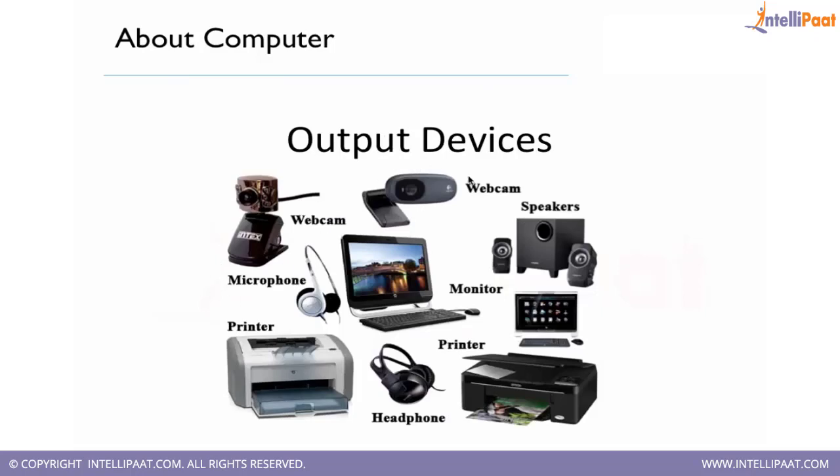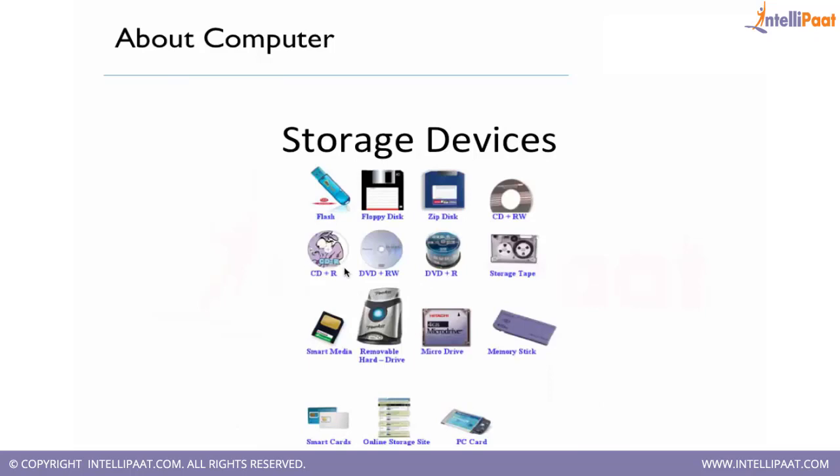Output devices are a screen, camera, printer, audio, video, and speakers, and there are n number of output devices where we transfer the data out of the computer. Storage devices are the very basic storage devices like flash memory, floppy, hard disk, and a number of others. These are good to store the data.